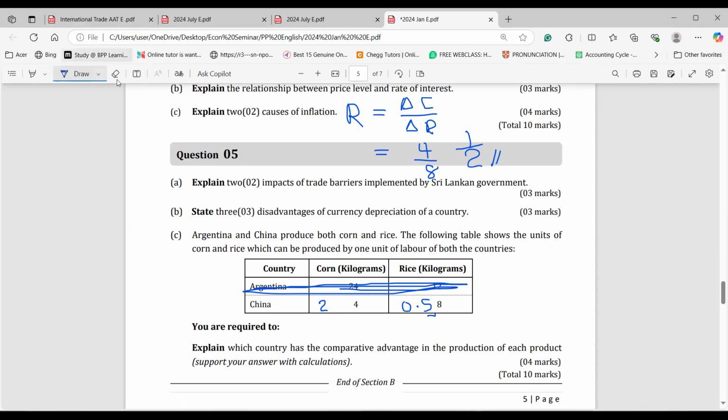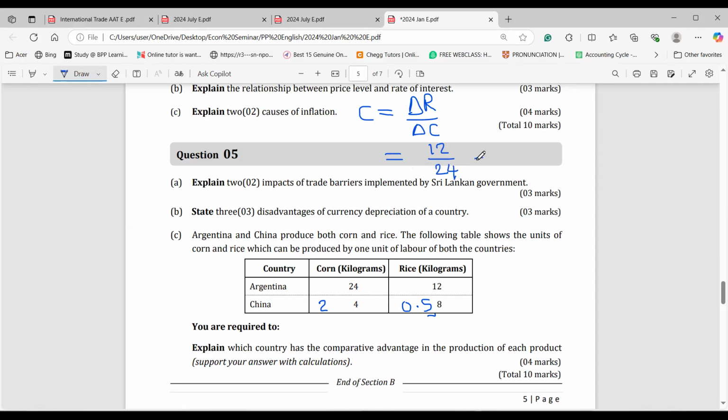Okay, now let's look at the other country, Argentina. Right here, the equation: opportunity cost of corn, remember students, equals delta R divided by delta C. Rice 12, corn 24.